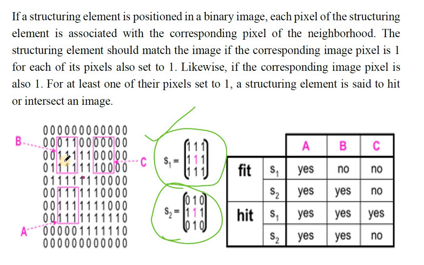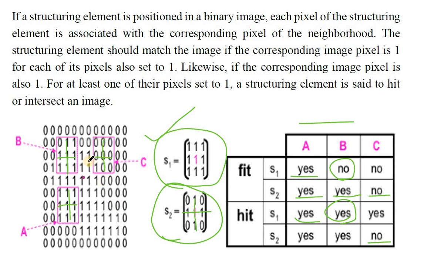Is it a hit? What is the situation? S1 is all ones. Does B have all ones? The answer is no. So S1 and B is not a fit, but yes, it is a hit, because the rest of the elements are matching.